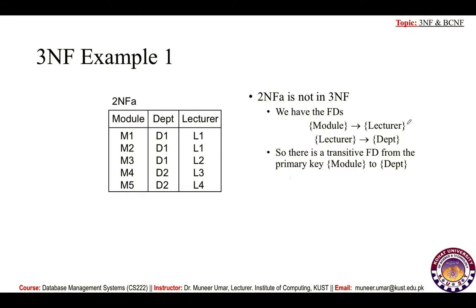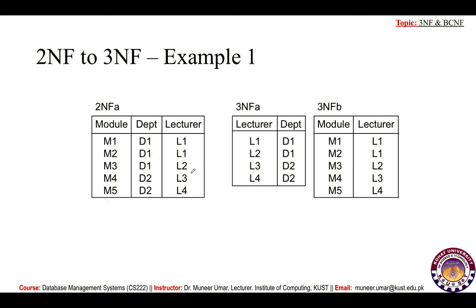Module is determining lecturer, lecturer is determining department, and this module is also determining the department due to these two dependencies: module to lecturer, then lecturer to department. So this module will also determine the department.